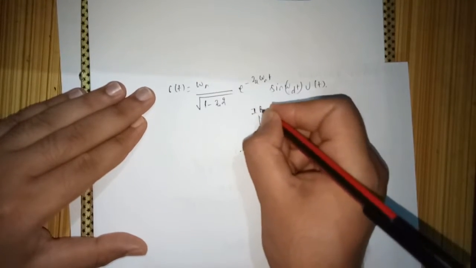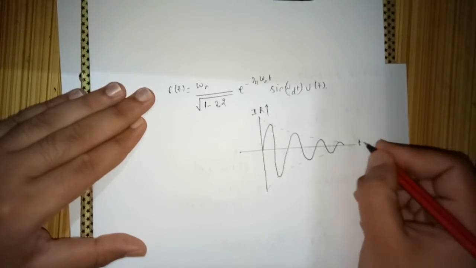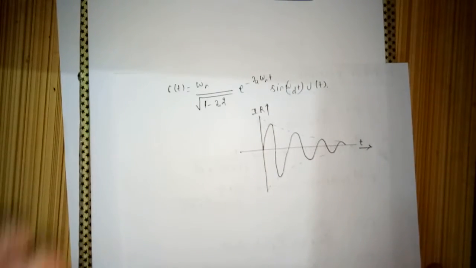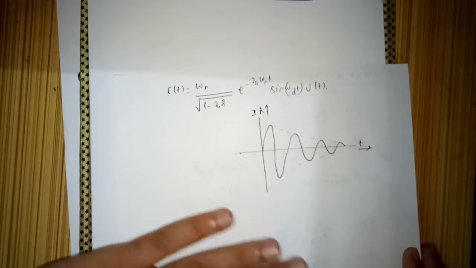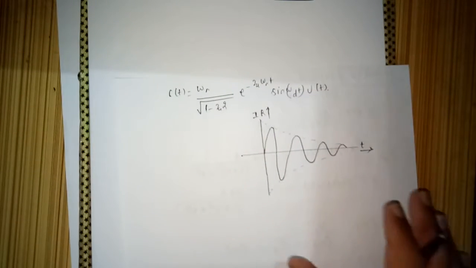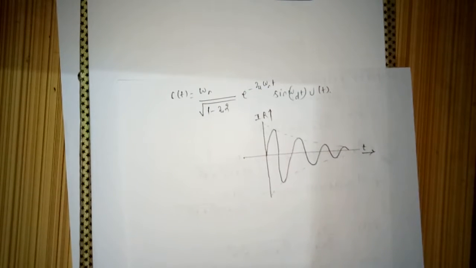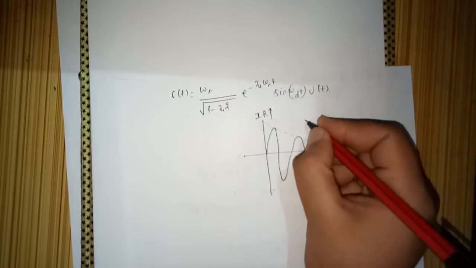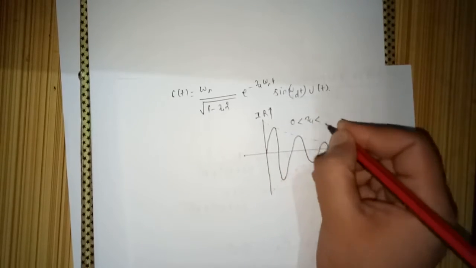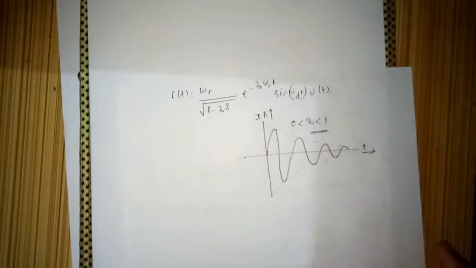This is the impulse response of a second order system, right? That's how it will behave to a unit impulse, right? So this is for zeta between 0 and 1, right?